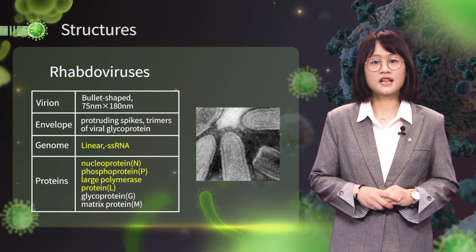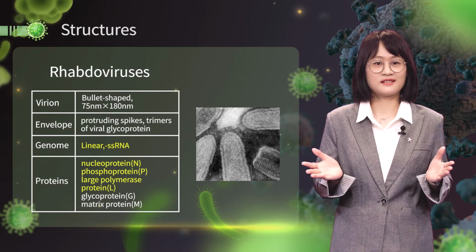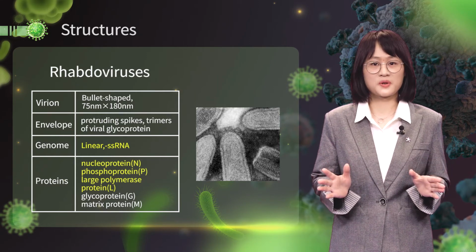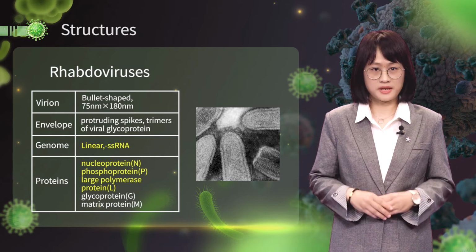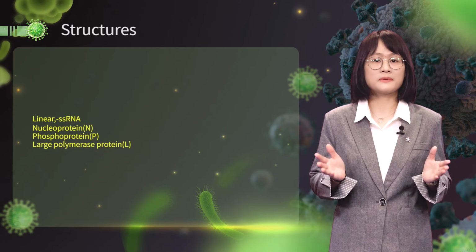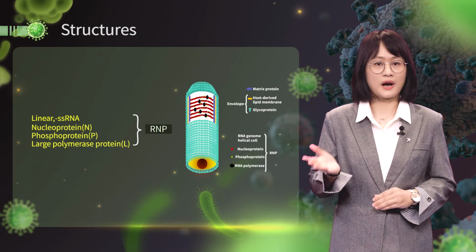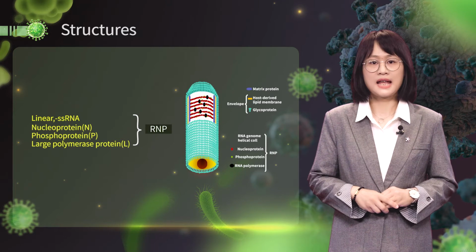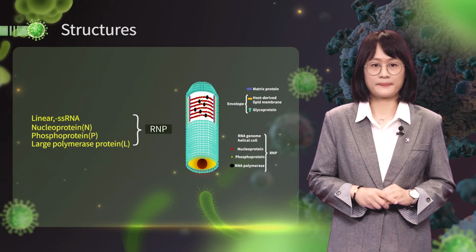The genome encodes 5 proteins: nucleoprotein, phosphoprotein, large polymerase protein, matrix protein, and glycoprotein. The viral ribonucleoprotein core consists of the viral RNA encapsulated by N protein and associated with P and L protein.